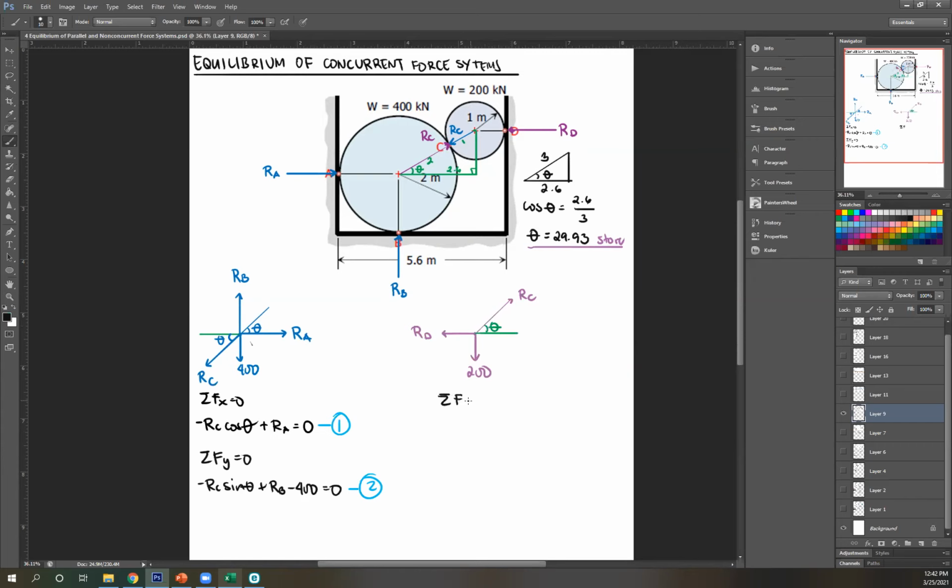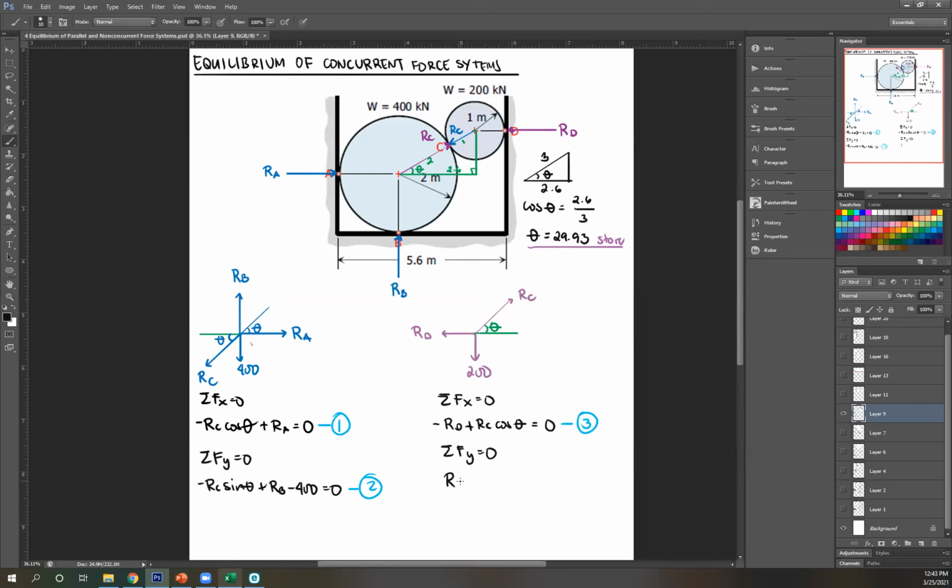Let's start summation of forces x equals 0. So negative RD plus RC cosine theta equals 0. Nothing to solve for there. Once again, let's say equation 3. And then finally, summation of forces y equals 0.